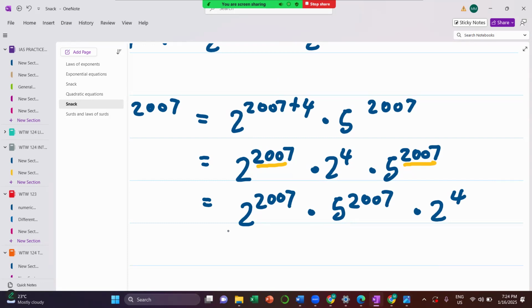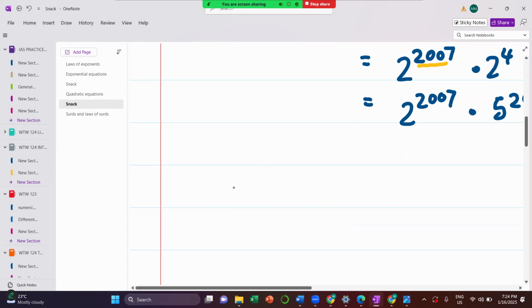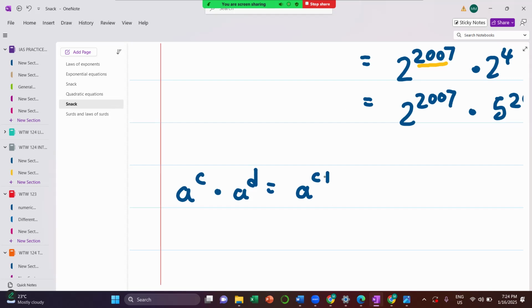Yes, sir. And remember the law whereby if I multiply powers of the same base, like a to the exponent of c times a to the exponent of d, I keep the base and add the exponents, c plus d, right? But what if I'm multiplying powers of the same exponent, so I have c to the exponent of a times d to the exponent of a?